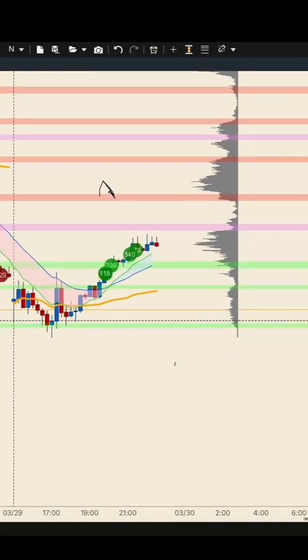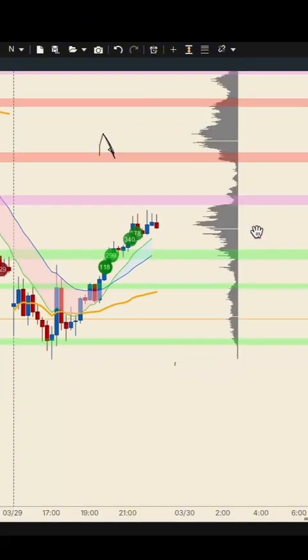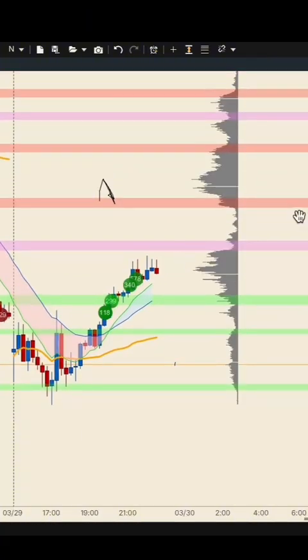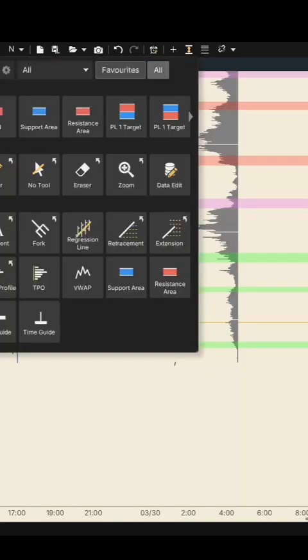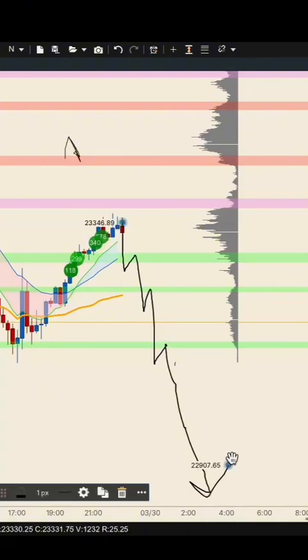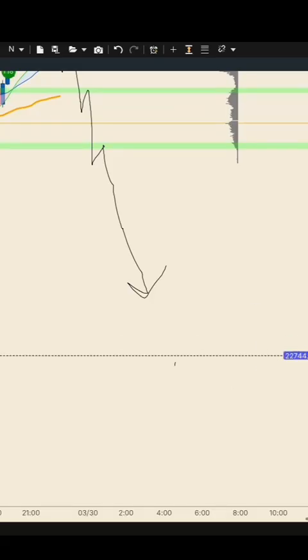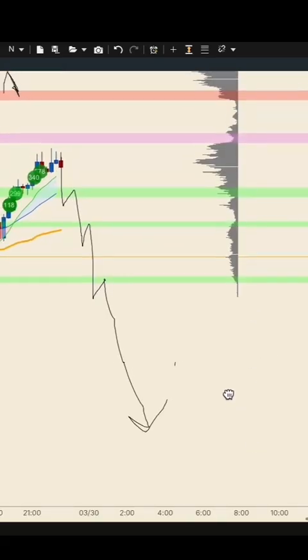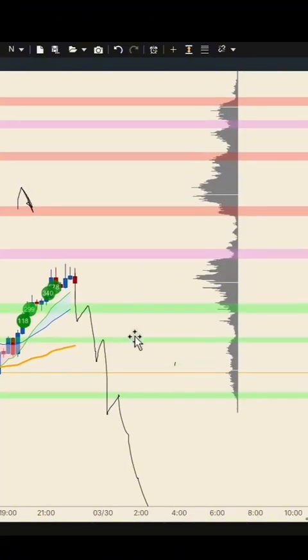My plan is to long, right? But it could never come back to this range. It could just keep going down, and we could end up in the 22,000s, 21,000s. We could just keep going down.